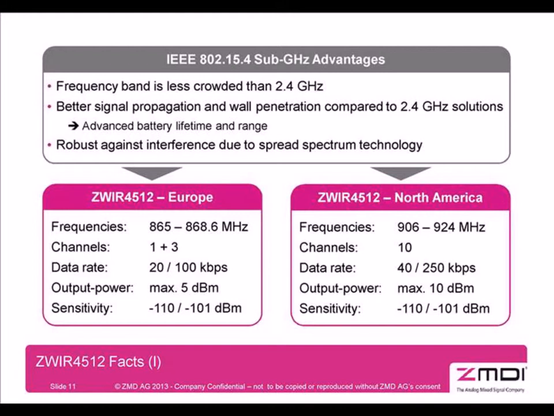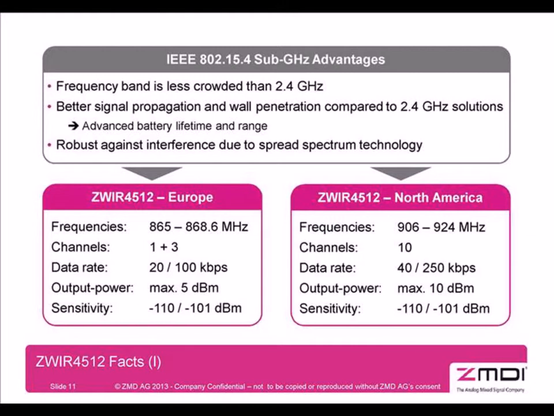Here you can see a picture of our module. Our module consists of a transceiver and a microcontroller. We are using a 32-bit ARM Cortex-M3 microcontroller with 256 KB flash and 48 KB RAM. This microcontroller can run up to 64 MHz.